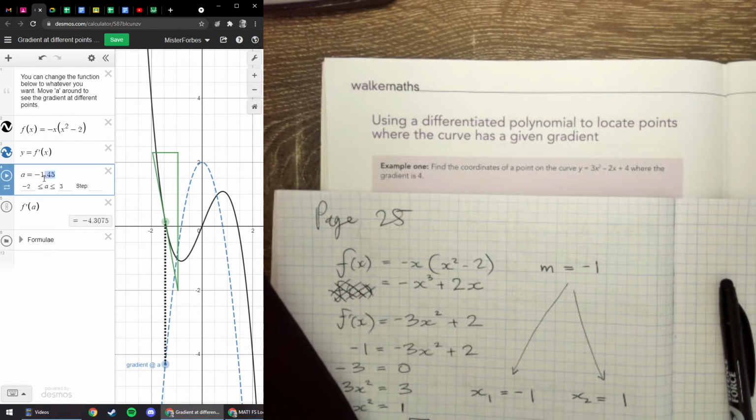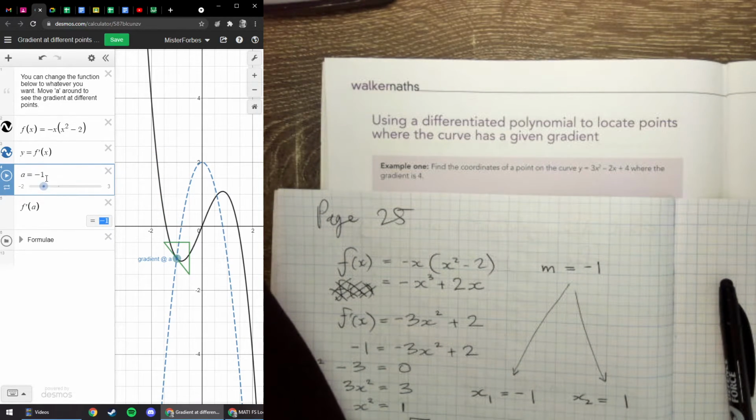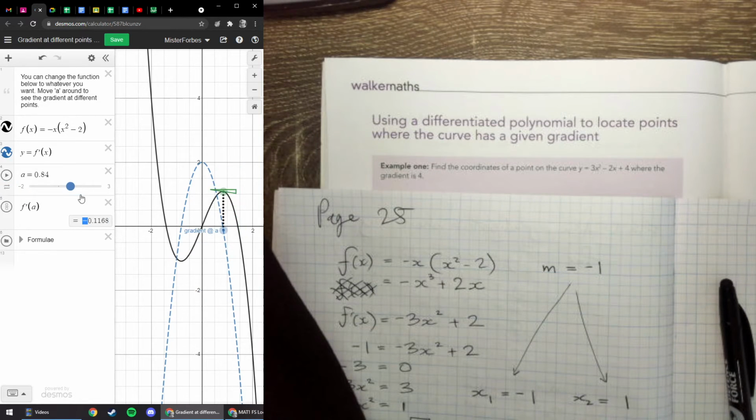Let's have a look. I'll substitute those points in, negative 1, voila, the gradient is negative 1. Also, when we put in the point 1, the gradient is also negative 1. So those are the only 2 points on the graph where the gradient is exactly negative 1.